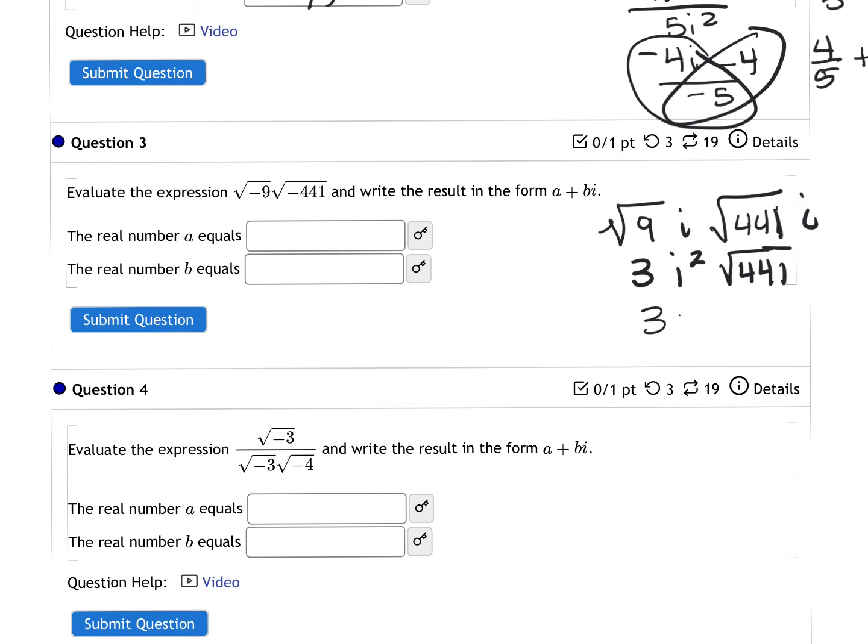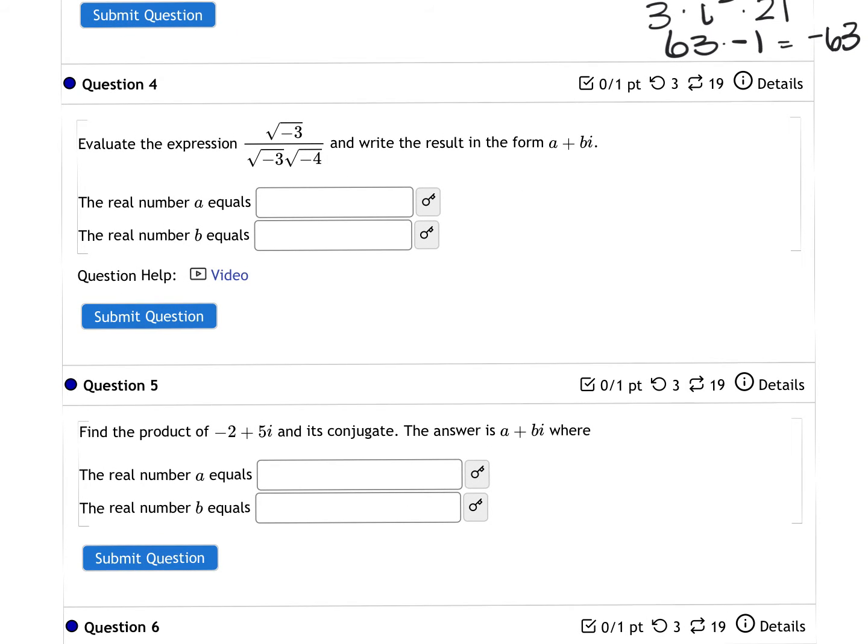So this is 3i squared times 21. 3 times 21 is 63, and i squared is negative 1. So this is going to be negative 63. So the real part is negative 63, and the imaginary part is 0.